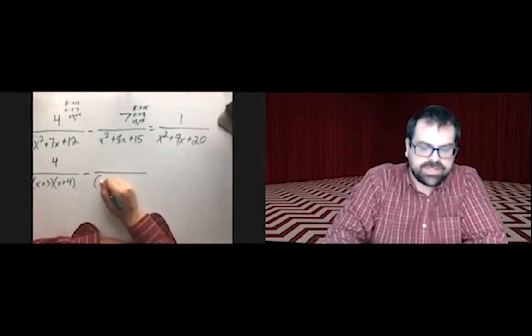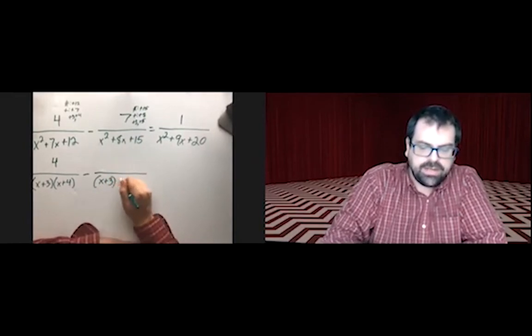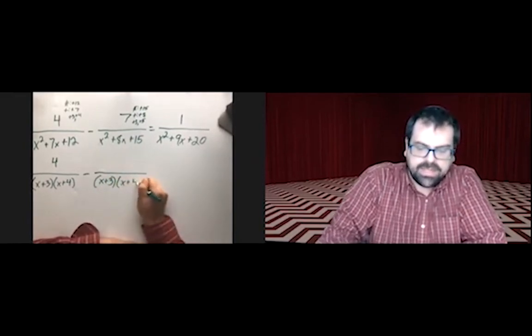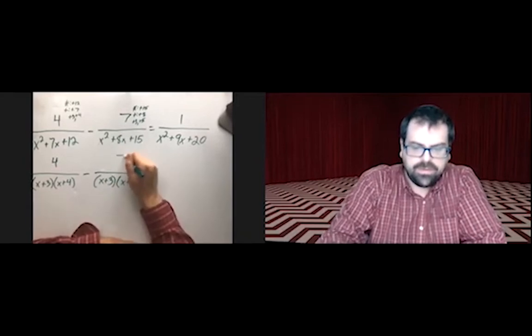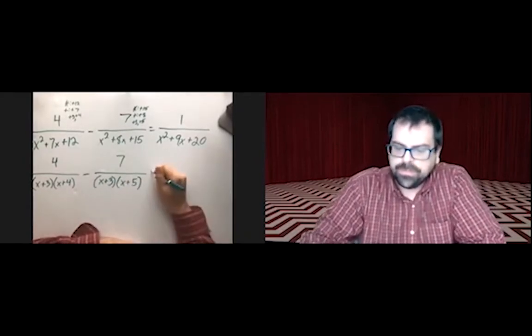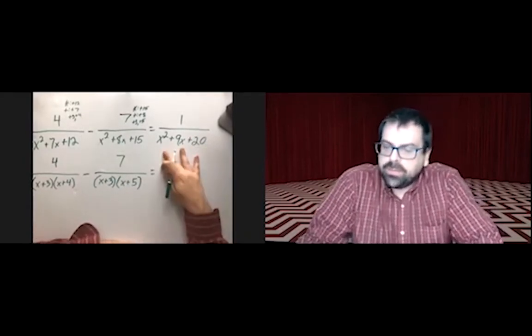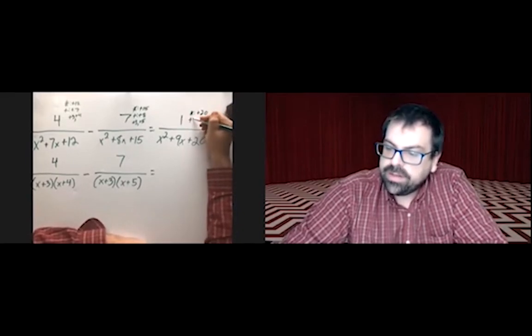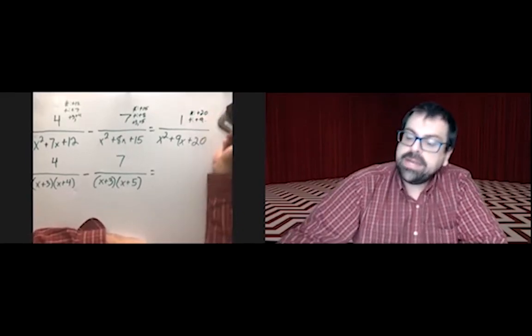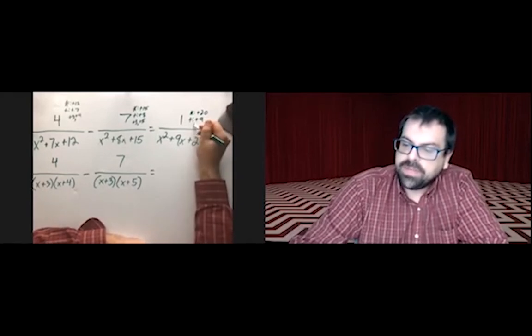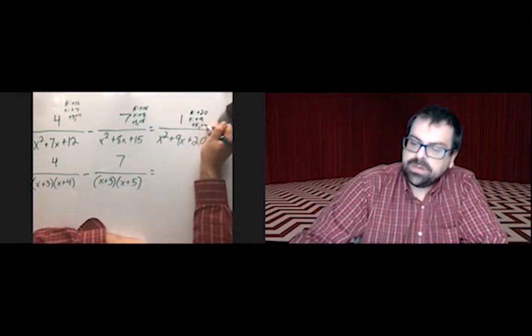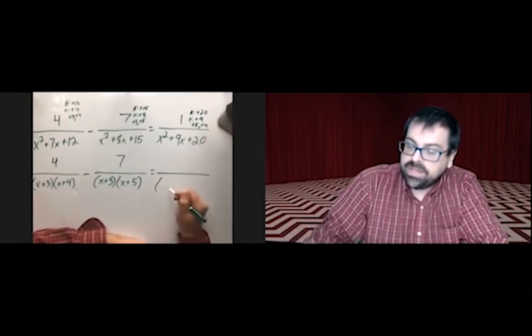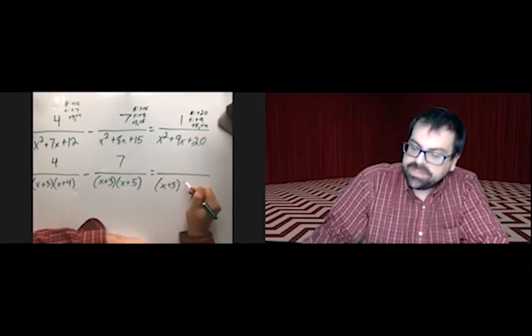So this factors to x plus 3, x plus 5. And here we need numbers that multiply to positive 20 and add to positive 9. These are plus 5 and plus 4. This factors to x plus 5 times x plus 4.